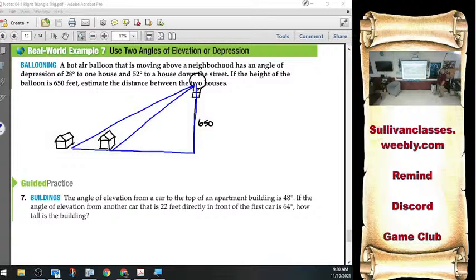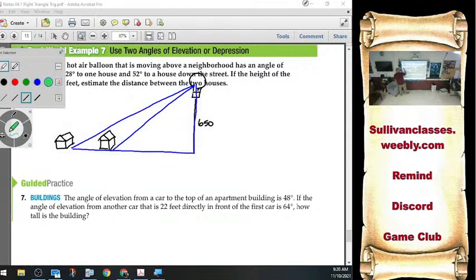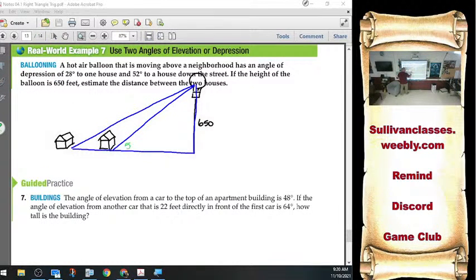What happens the closer I get to the projector? The angle of elevation, equal to angle of depression, increases. So the ones that are closer are going to be the bigger numbers. So I will put 52 degrees here. I'll put 28 degrees here. We know 650 is our height.